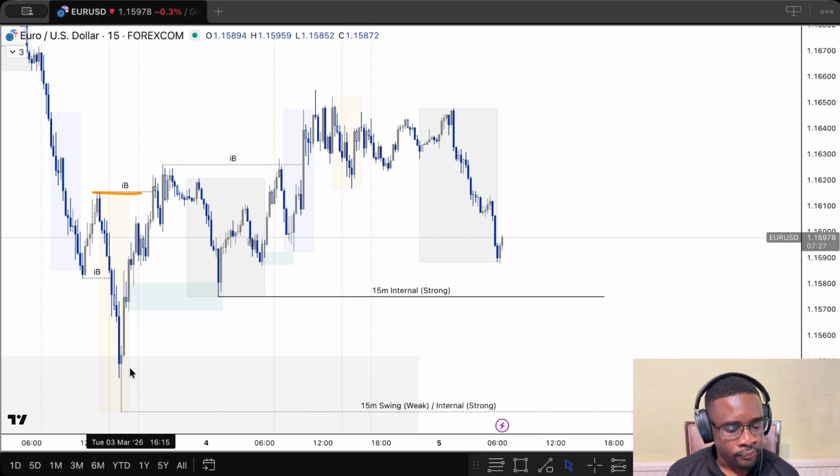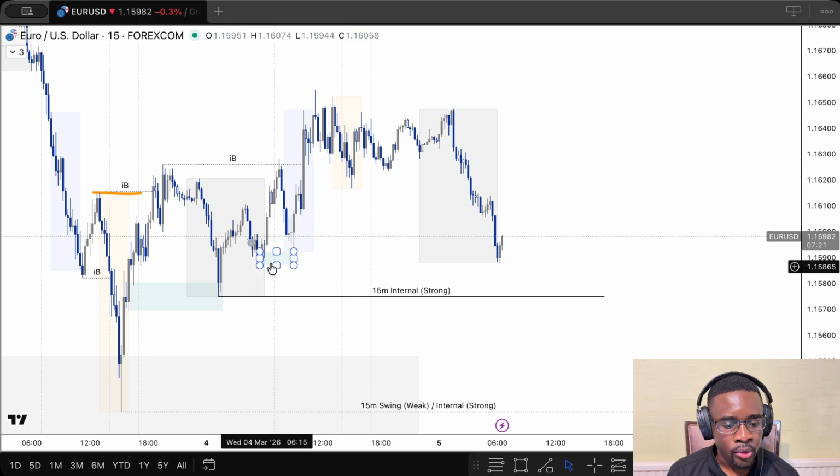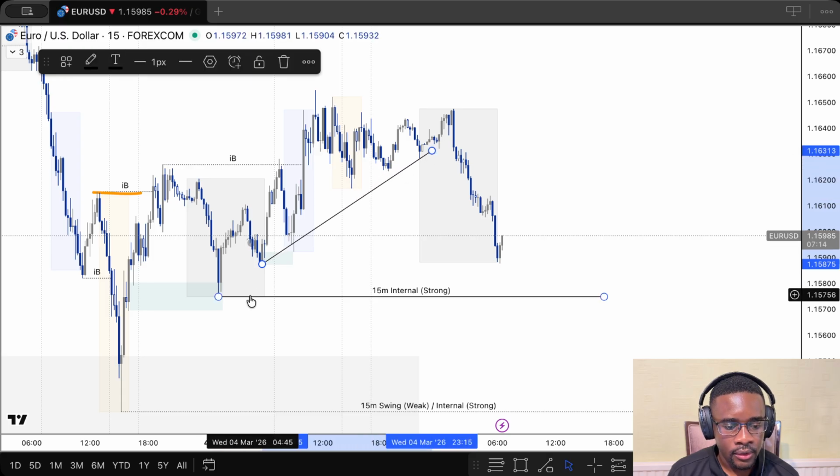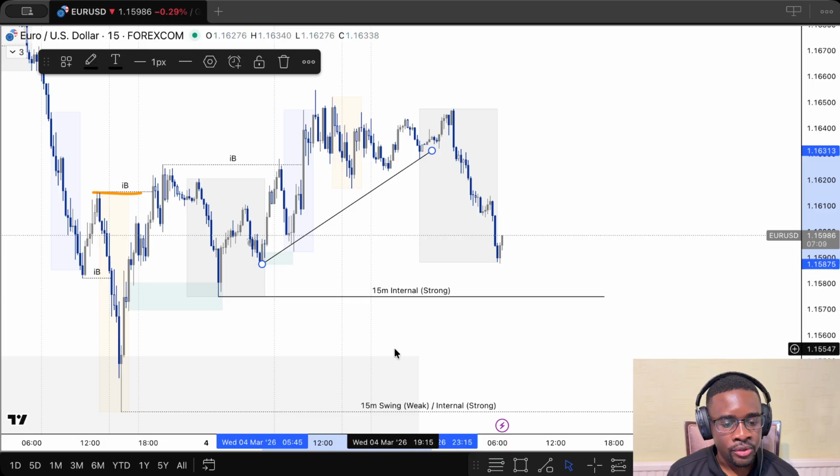However, this is also Asia lows. So we have Asia low, and then we probably build up this kind of trend line, and during Asia, prices just melted.